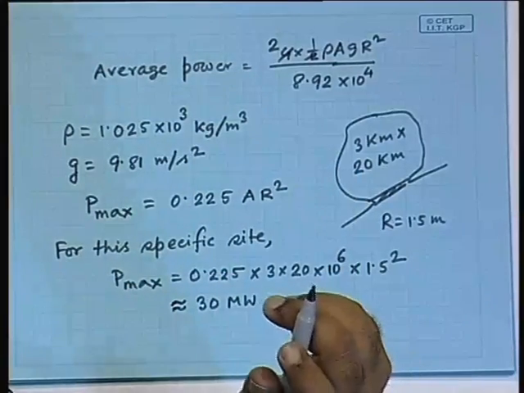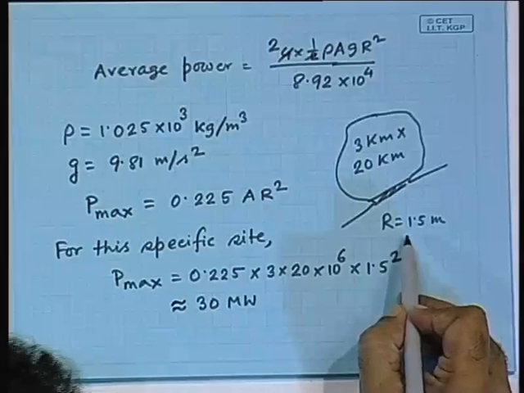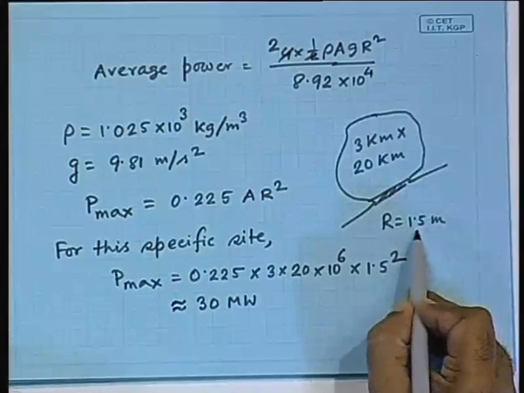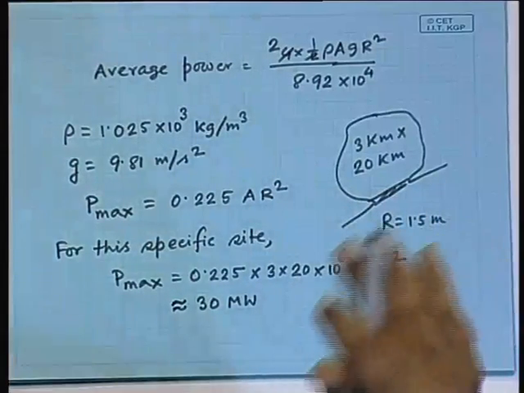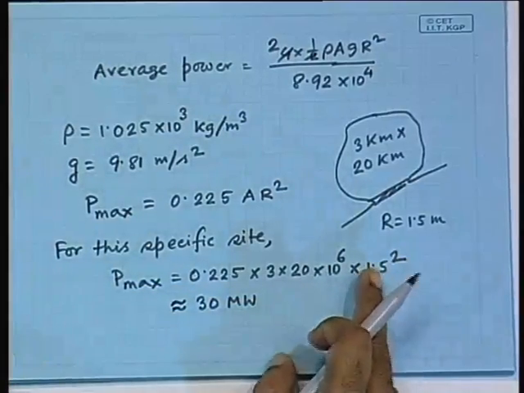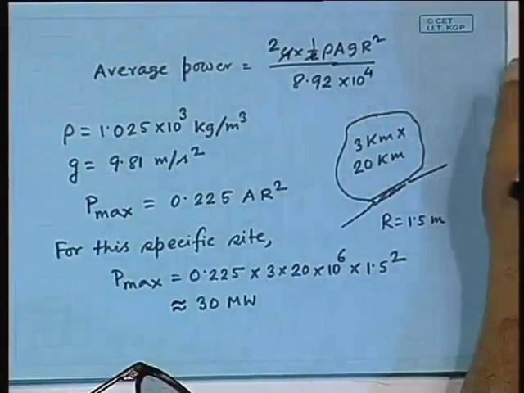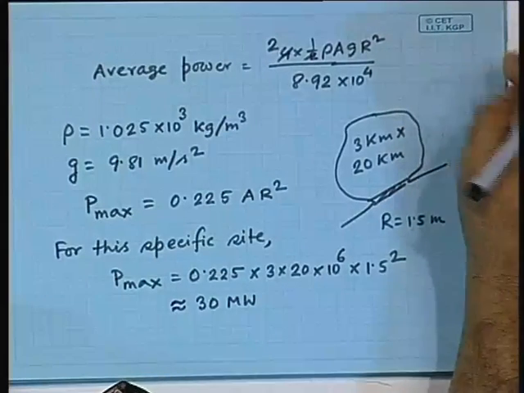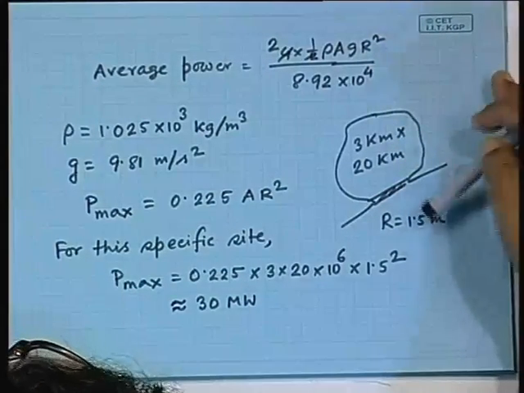Suppose now we allow us to increase the head to 2 meters from 1.5, small amount of increase. How much does the power capacity increase? Can you just calculate? Now you will see the effect of R square.